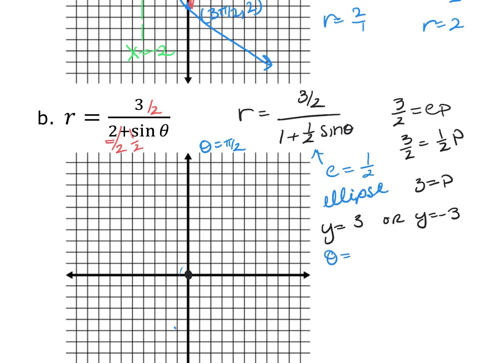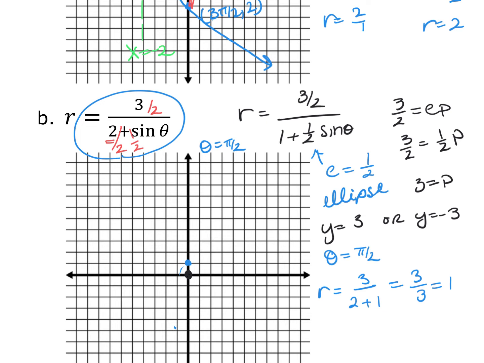So I'm going to put in theta is equal to pi over 2 back into the original one. And I get r is equal to 3/2 plus, the sine of pi over 2 is 1. So we get 3 over 3, which is 1.